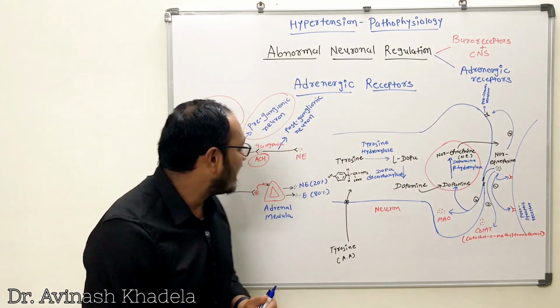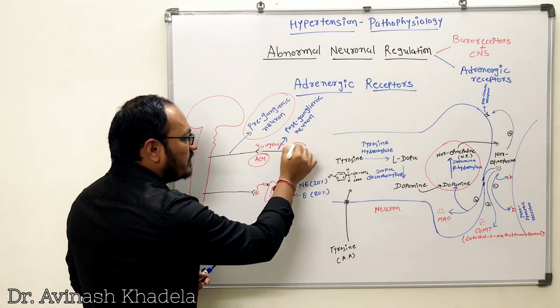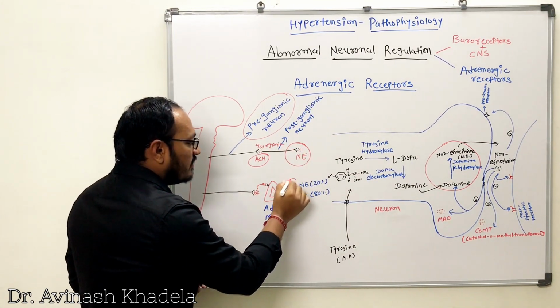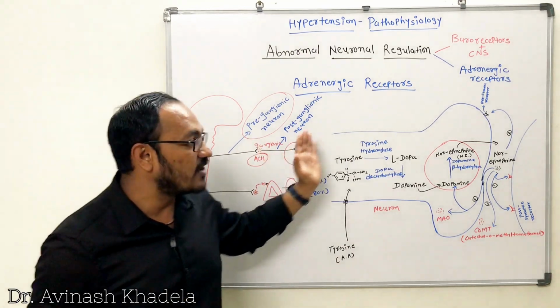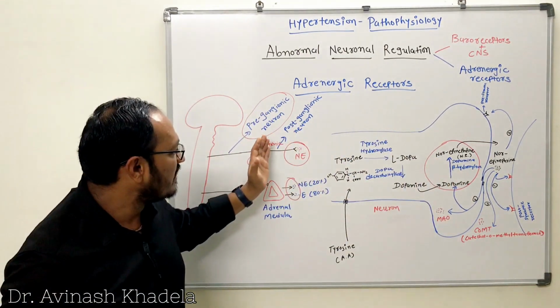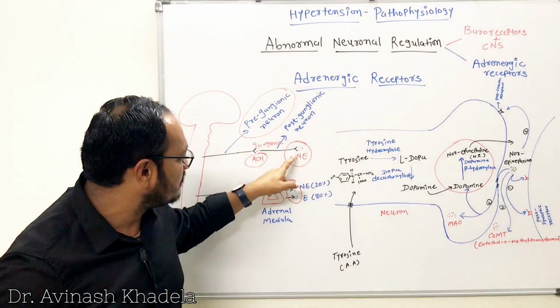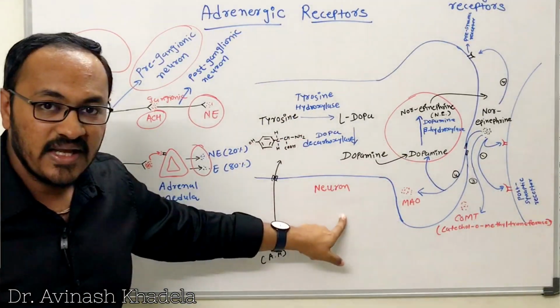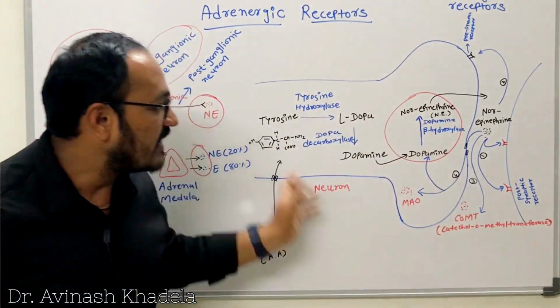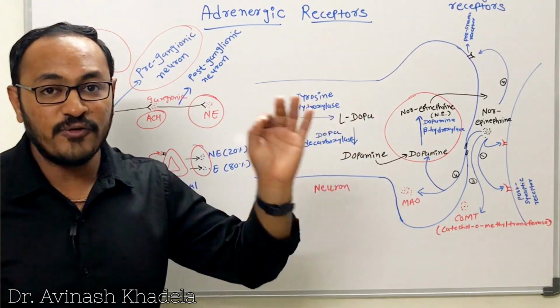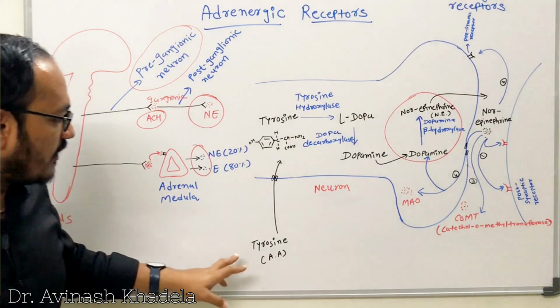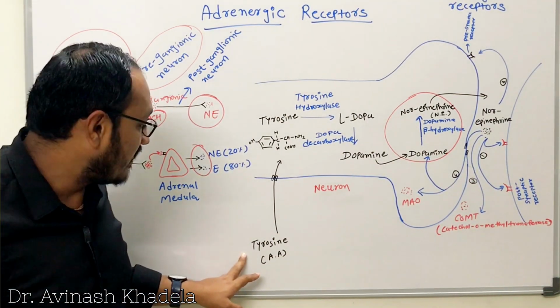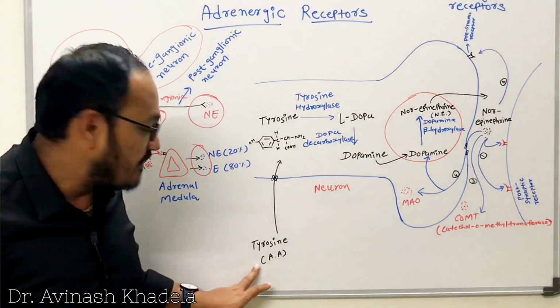Now let us understand in detail the basic mechanism of secretion of this neurotransmitter into the blood. I have zoomed in on this particular neuron here and I will explain how there is a secretion of norepinephrine into the blood from the neuron. We all know that tyrosine is an amino acid.